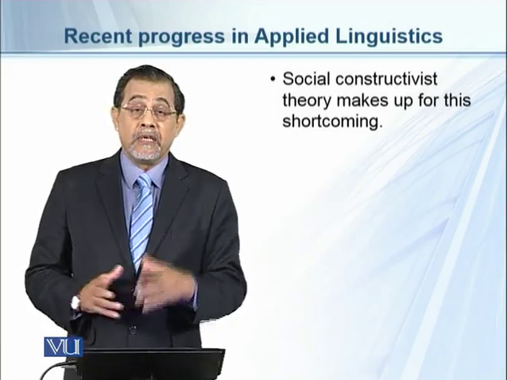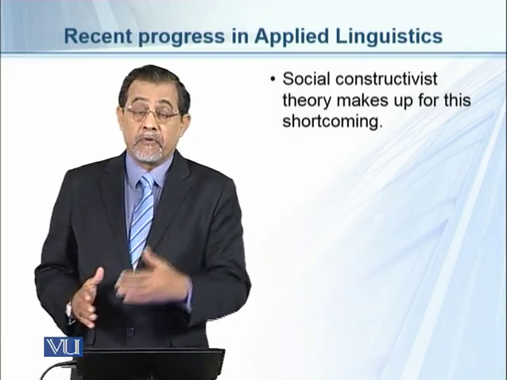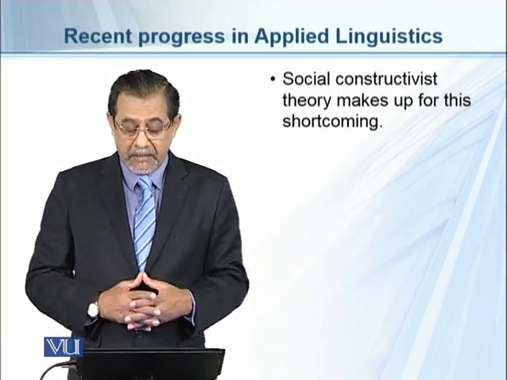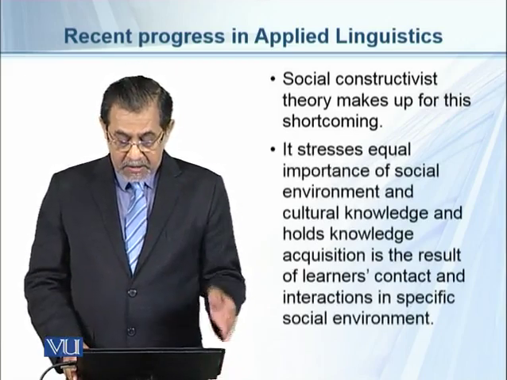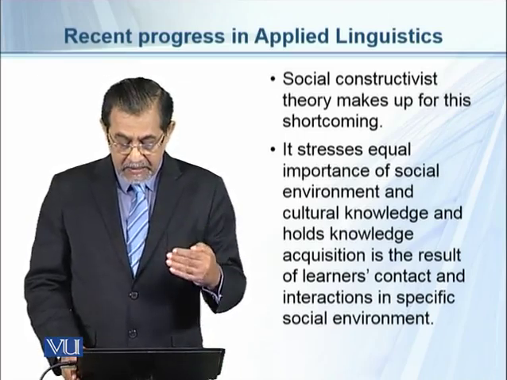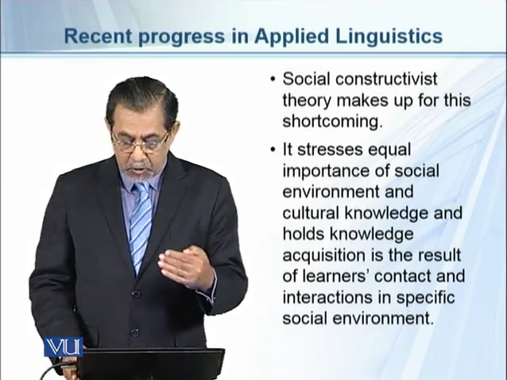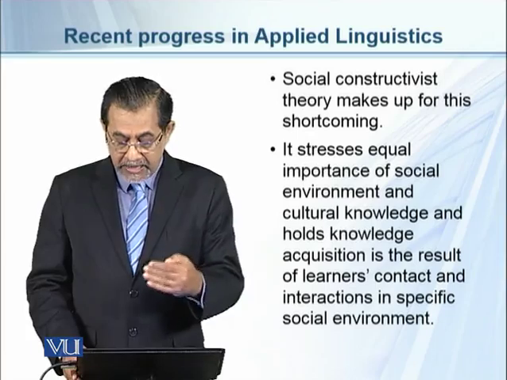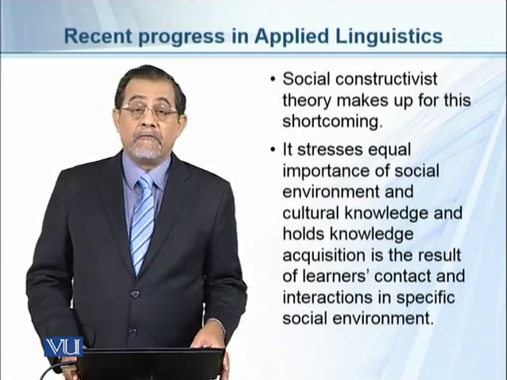constructivist theory in this regard comes forward and meets the shortcomings of the cognitive theory. It stresses equal importance of social environment and cultural knowledge and holds knowledge acquisition is the result of learners' contact and interaction in specific social environment.